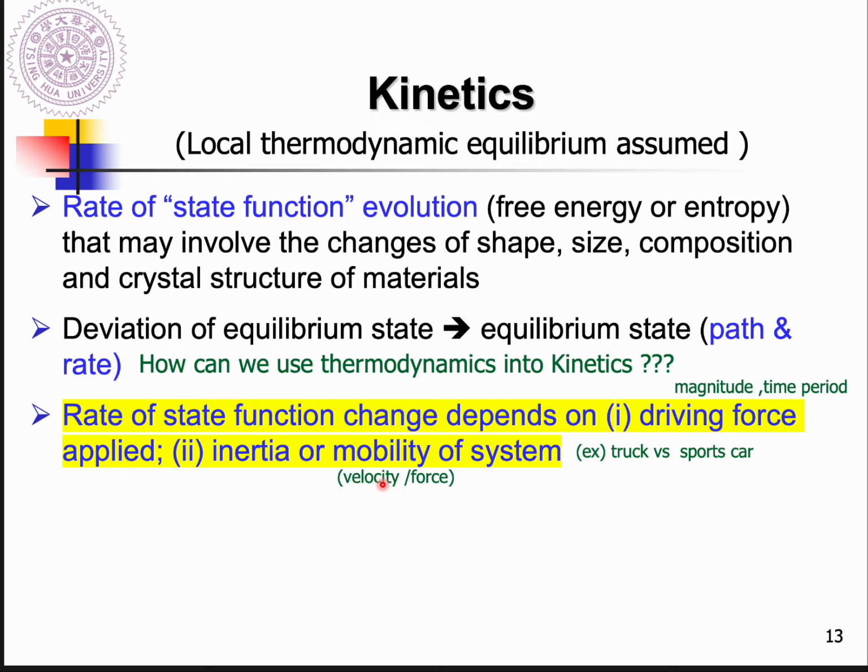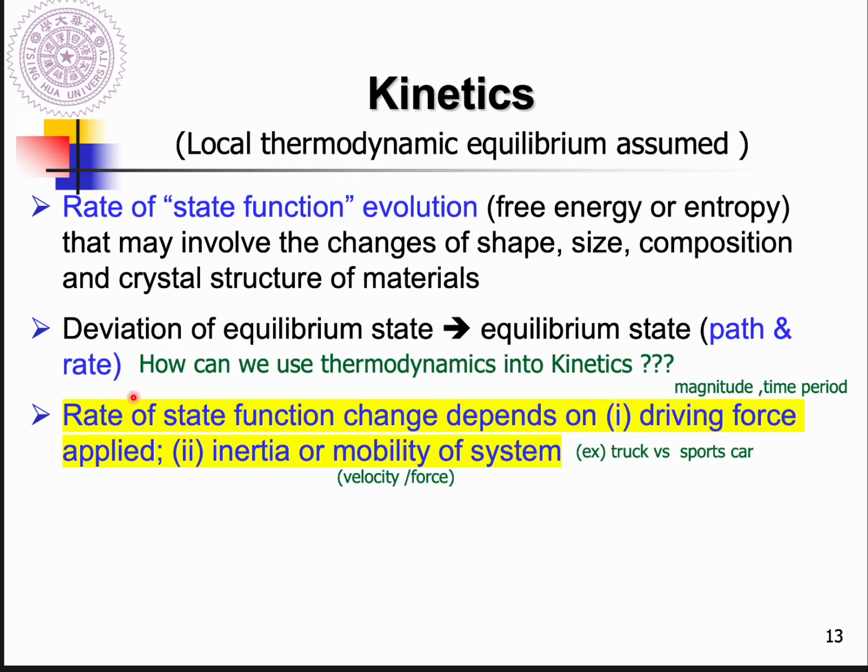In this case, the engine serves as the driving force, and the truck is heavier than the sports car. So the inertia of the system for the sports car is smaller, since it's lighter, and due to this reason the sports car will probably run faster.